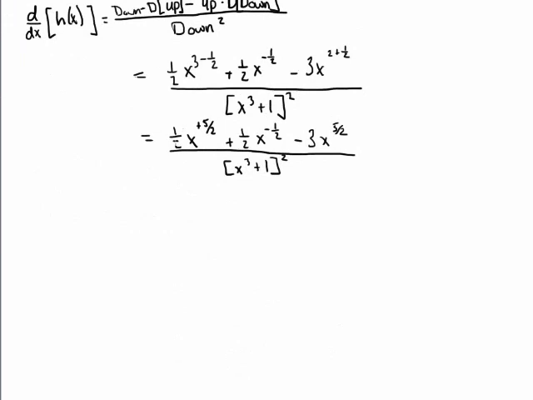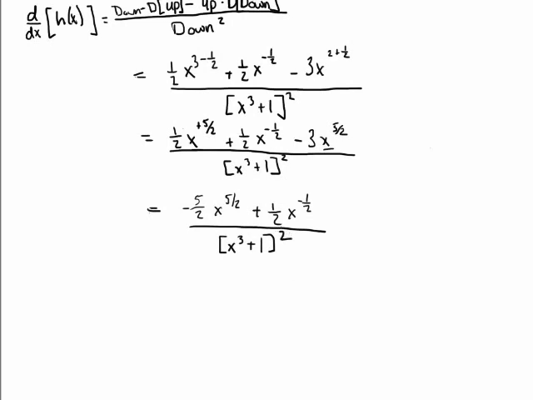Here I have two terms with the same base and power, so I can combine them: 1/2 minus 3 is negative 5/2 x to the 5/2, plus 1/2 x to the negative 1/2, divided by the quantity x cubed plus 1 squared.